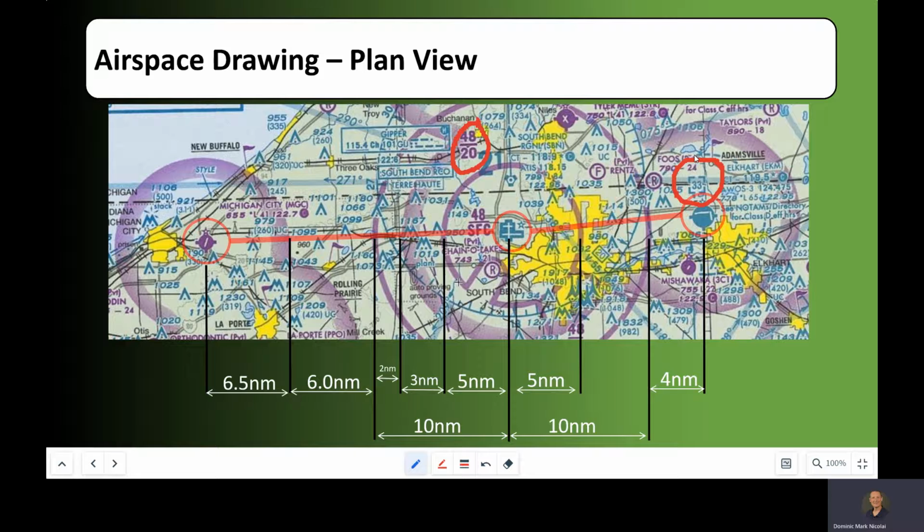Outer shelf, it goes out to 10 nautical miles, and that was 2,000 feet to 4,800. So 10 miles out, starting at 2,000 feet, I got a dot, and the other corner up at 4,800 feet. East side, 10 miles out, same set of dots. And now I got a general shape of a Charlie airport. There's a straight edge.